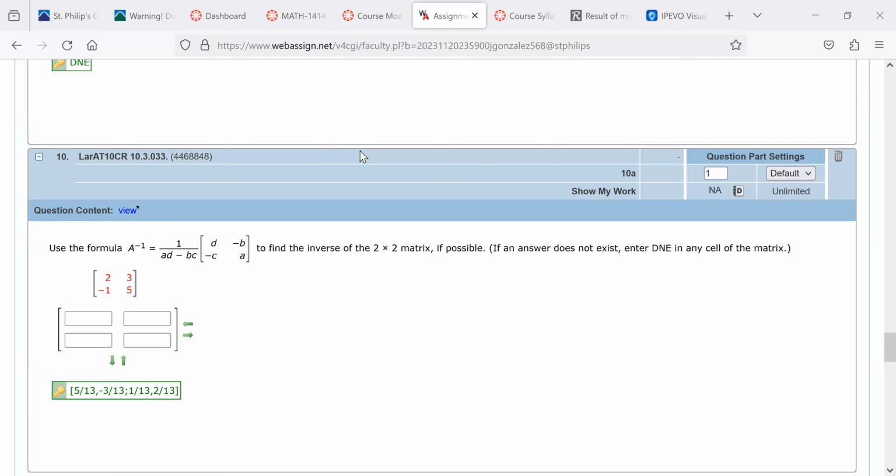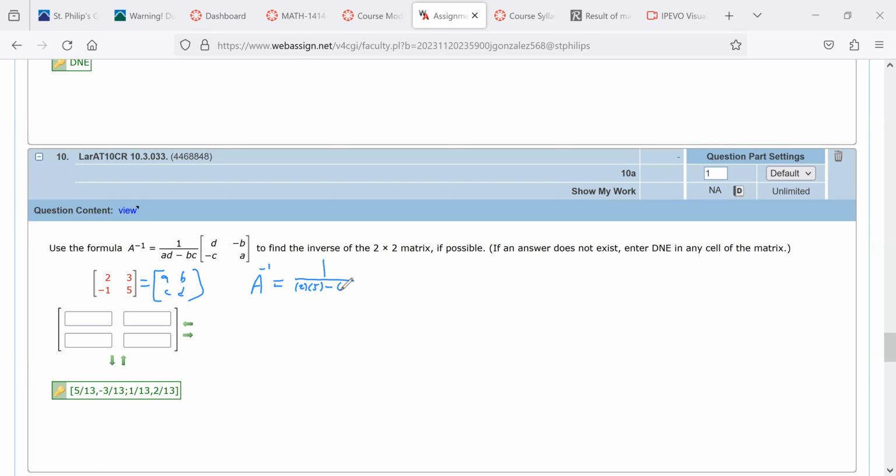Okay. This is what the formula is saying. Basically, this is my A, B, C, D. So A inverse would be equal to 1 over AD minus BC. So this is 2 times 5 minus BC.